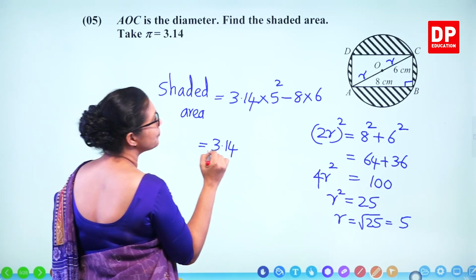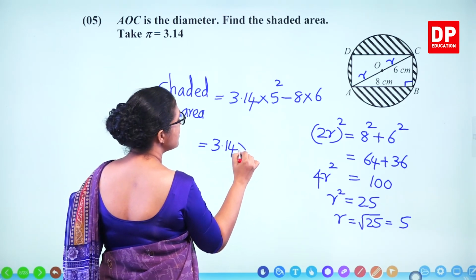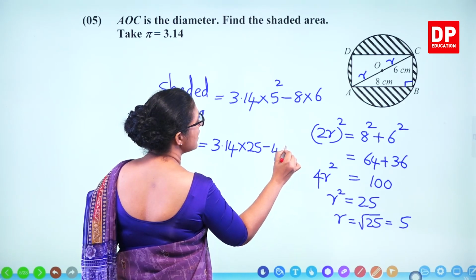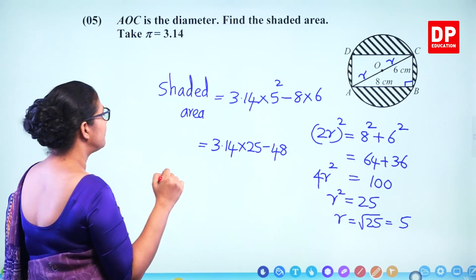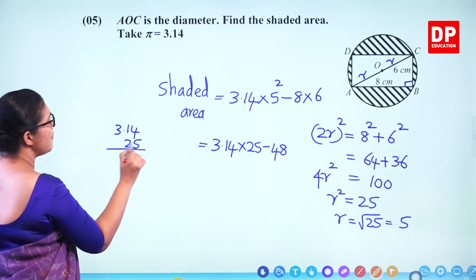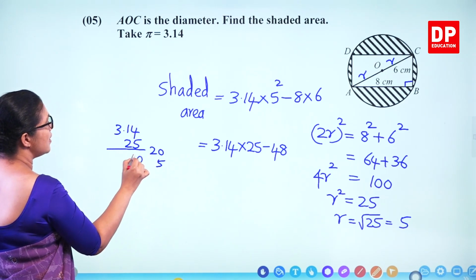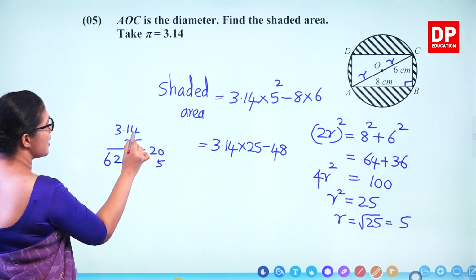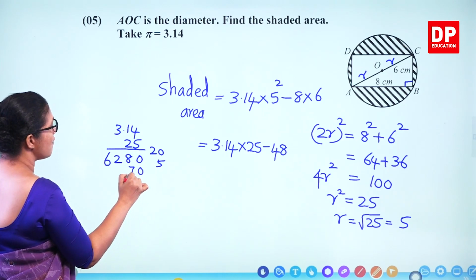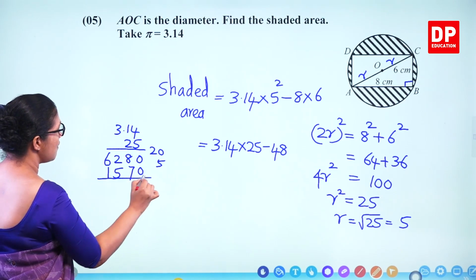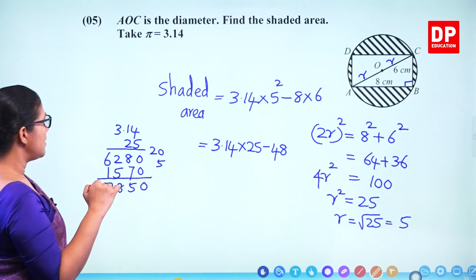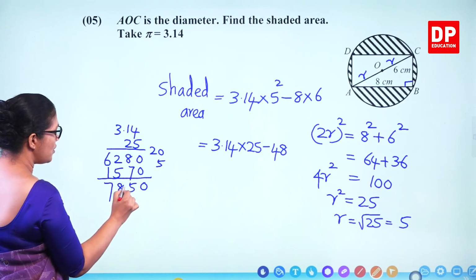Now simplify. 3.14 into 25 minus 8 times 6, 48. Now multiply 3.14 by 25. 5 times 4, 20. 5 times 1, 5 plus 2, 7. 5 times 3, 15. When you add it, you get this value. So keep 2 decimal places.